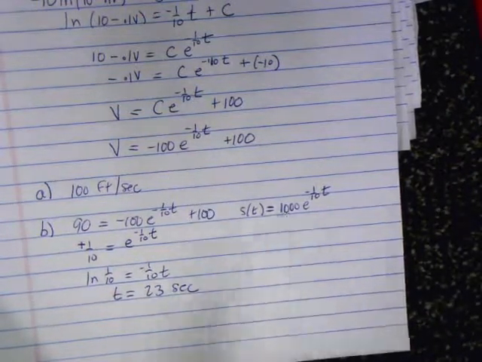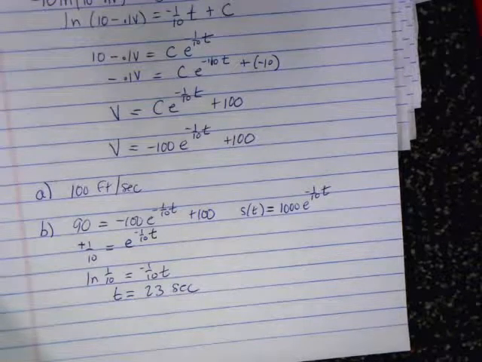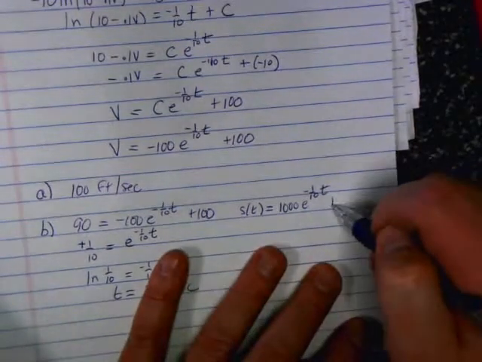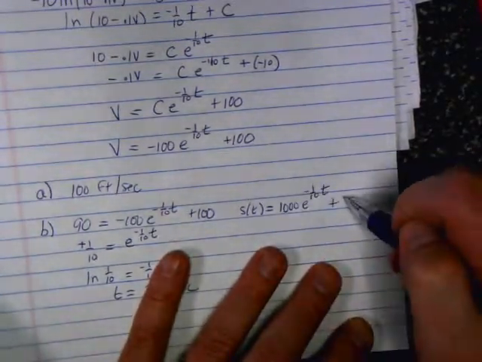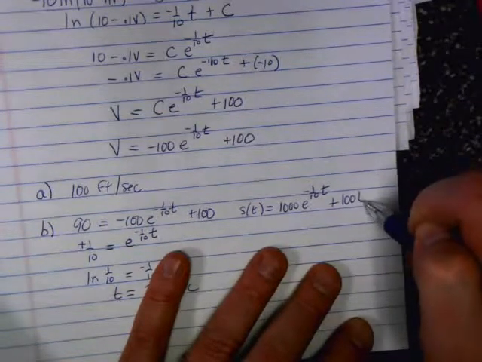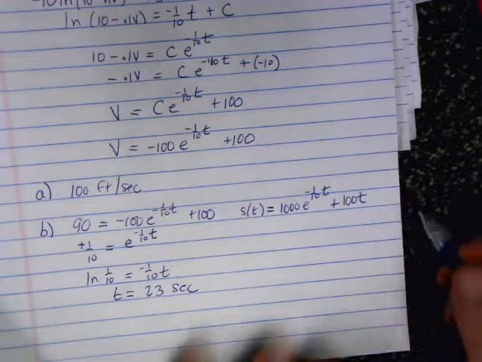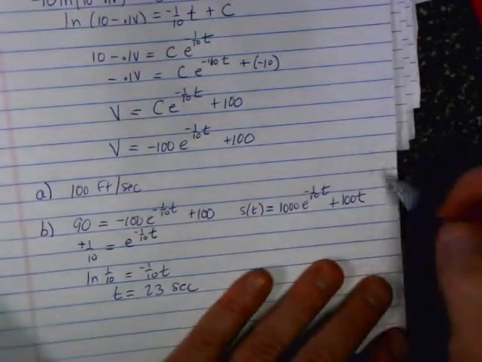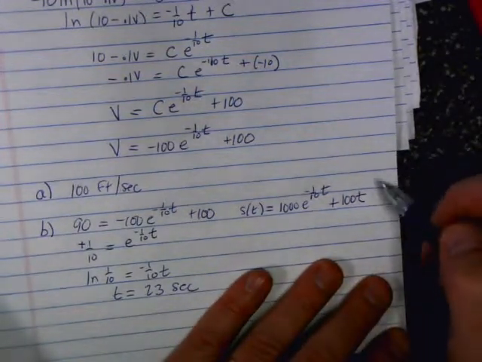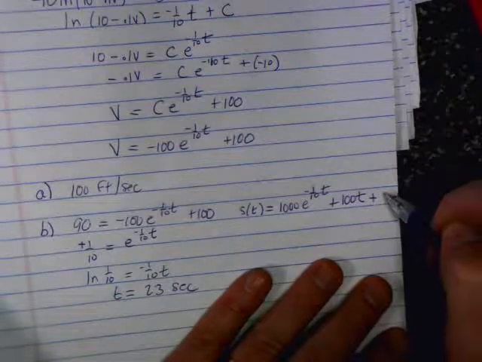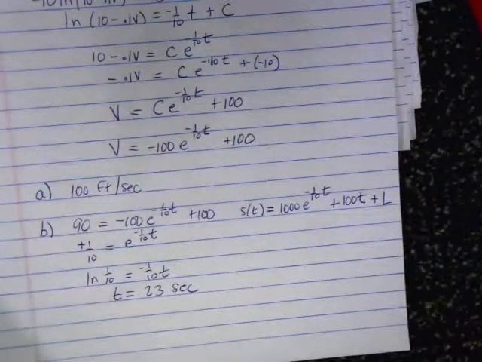That gives me 1,000. Plus, what's the integral of 100? 100t. And then plus some number. I don't want to use c because I already used c, or k. L.